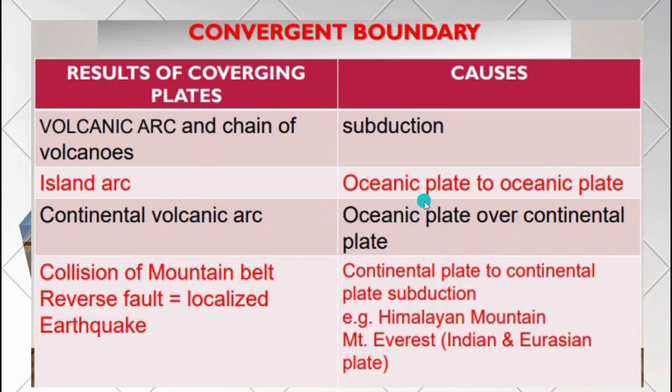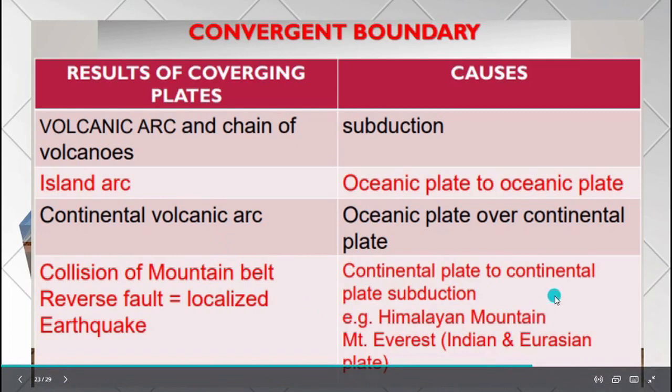When two oceanic plates converge, an island arc can be formed. When there is an oceanic plate going towards a continental plate, a continental volcanic arc may occur.